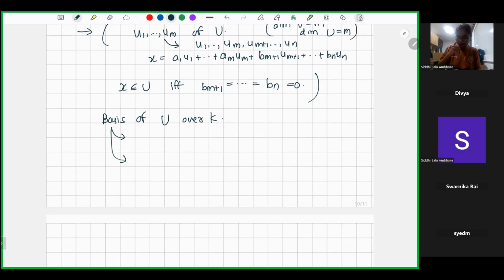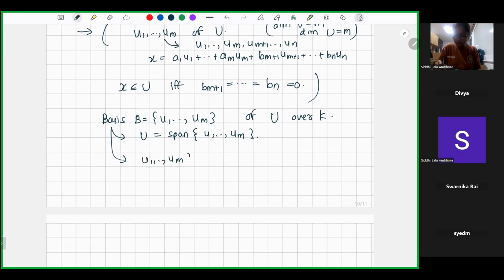First of all, it spans U, that U is the span of this u1 to um, and second is that this u1 to um are linearly independent.